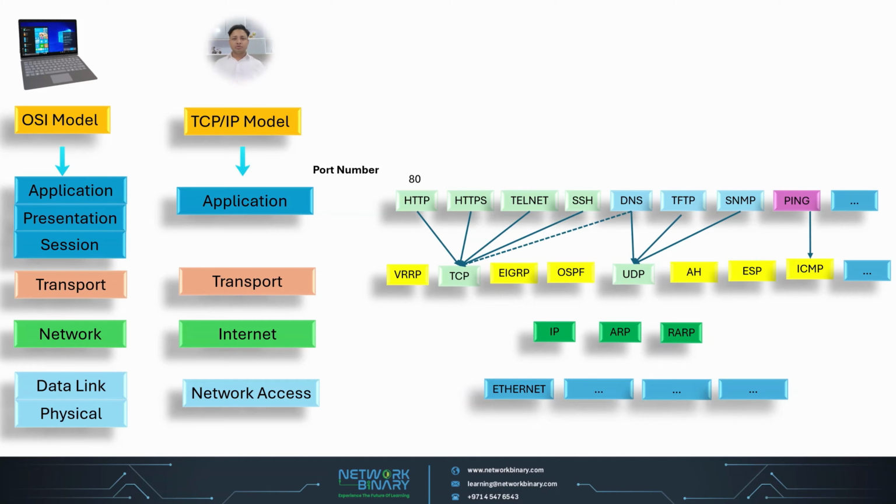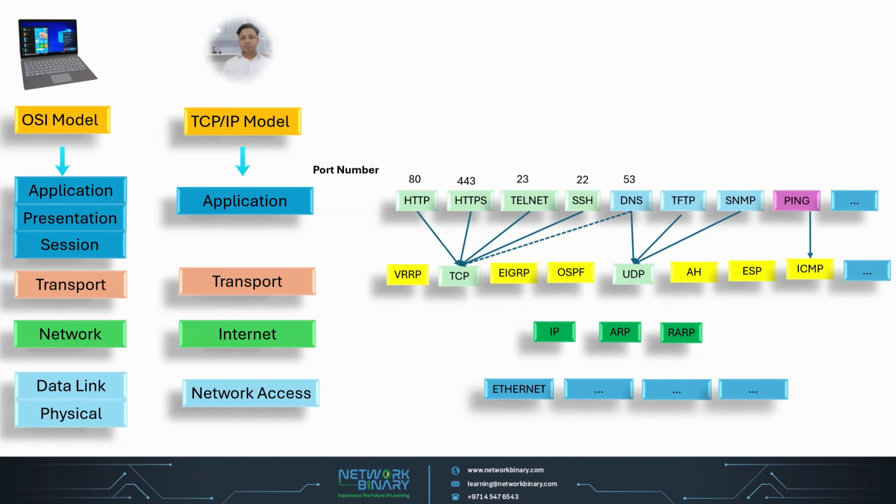So TCP uses port number 80. We have 16 bits of total port number, so 2 to the power 16, and you calculate and you get the number. We have some well-known port numbers and we have some other port numbers which are used by the PCs here. So we got port number 80 for HTTP, 443 for HTTPS, Telnet 23, SSH 22.